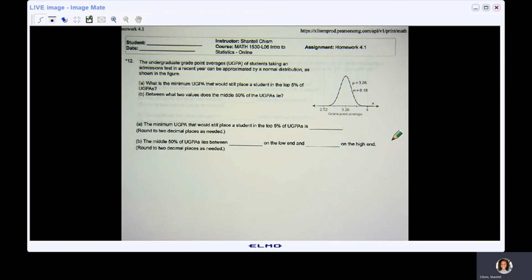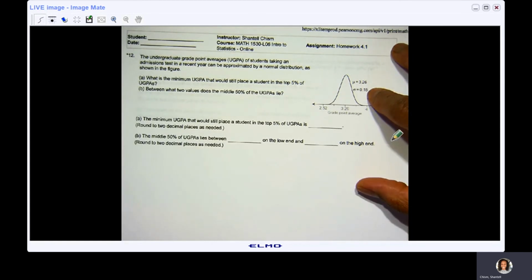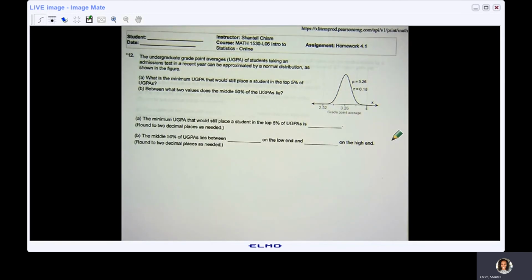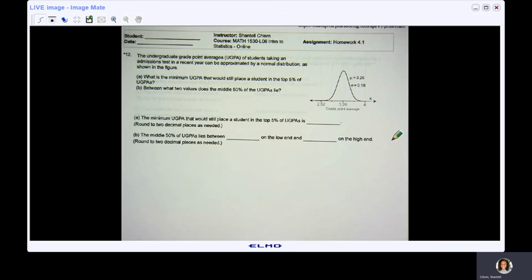So it says the undergraduate grade point average of students taking an admissions test in a recent year can be approximated by a normal distribution as shown in the figure. So you're given the mean and you're given the deviation here, okay? Part A says, what is the minimum undergraduate GPA that would still place a student in the top 5% of undergraduate GPAs?